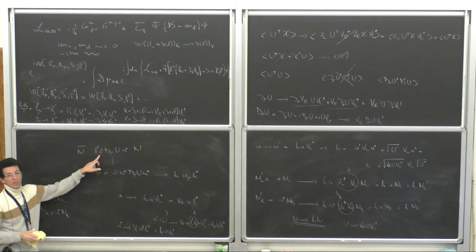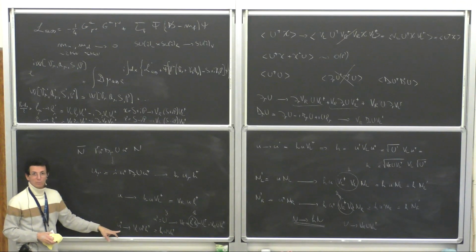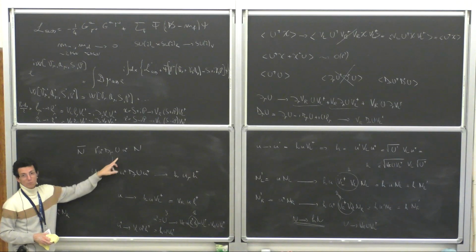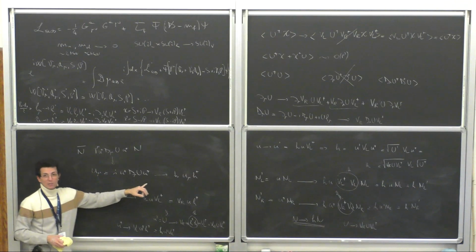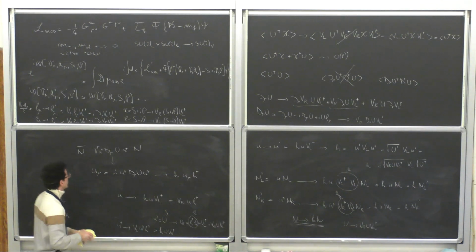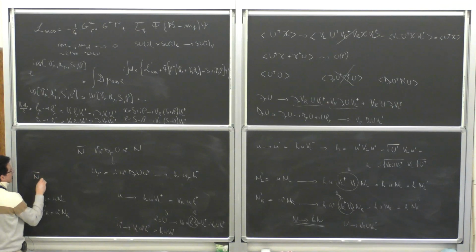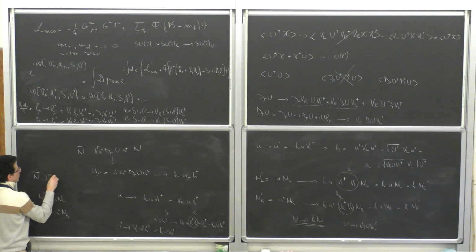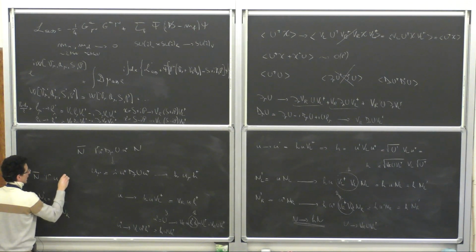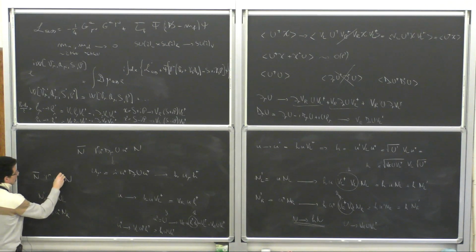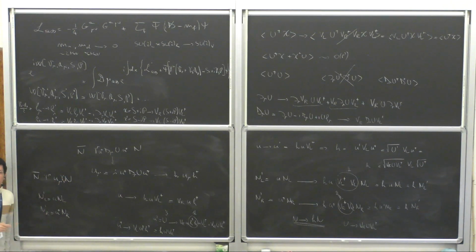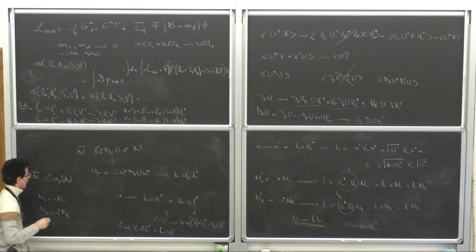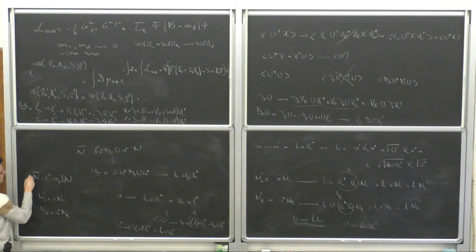You know how U dagger transforms. You know how capital U transforms. And then the combination transforms like that. So now you see that you can have an invariant term like gamma mu u mu N. And in order to respect parity, you have also to insert gamma 5 because pions are pseudoscalar. So this is a possible interaction term of pions and nucleons, a chiral invariant interaction term.